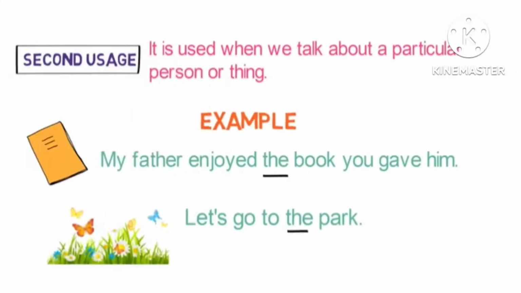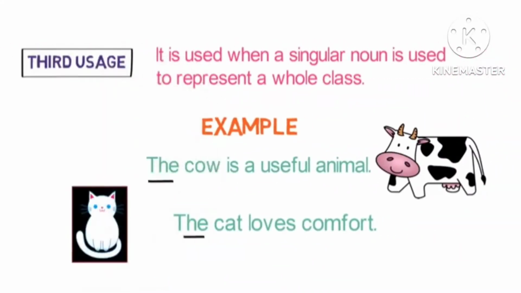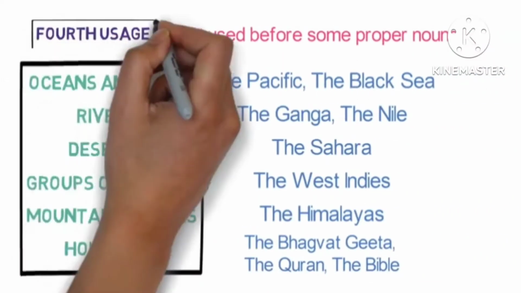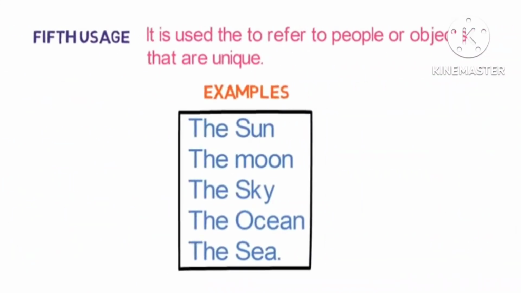Second usage is, it is used when we talk about a particular person or thing. Third usage is, it is used when a singular noun is used to represent the whole class. Fourth usage is, it is used before some proper nouns which come under the below categories. Fifth usage is, it is used to refer to people or objects that are unique. So that's all about the usage of the article the in this video.